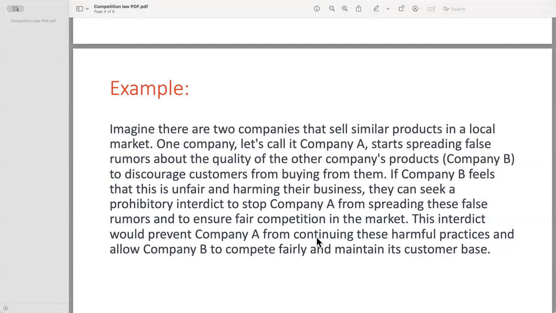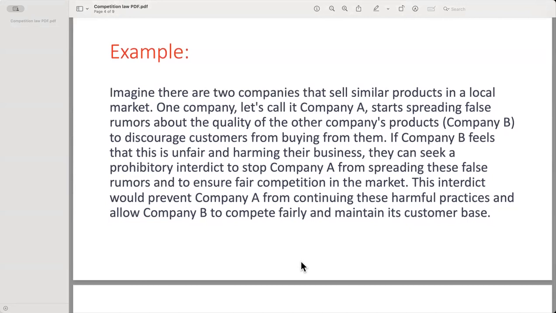If company B feels that this is unfair and harming their business, they can seek a prohibitory interdict, just as I explained above, to stop company A from spreading these false rumors and to ensure that fair competition in the market is maintained. So the interdict would prevent company A from continuing with these harmful practices and allow company B to compete fairly and maintain its customer base.